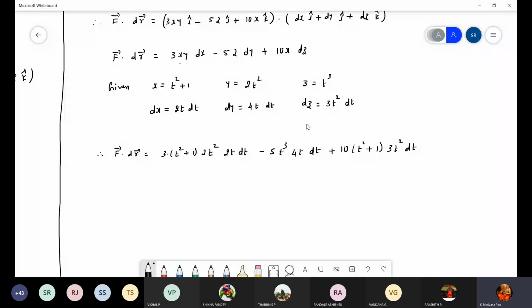In each term we have dt, so take dt outside as common and simplify the rest.